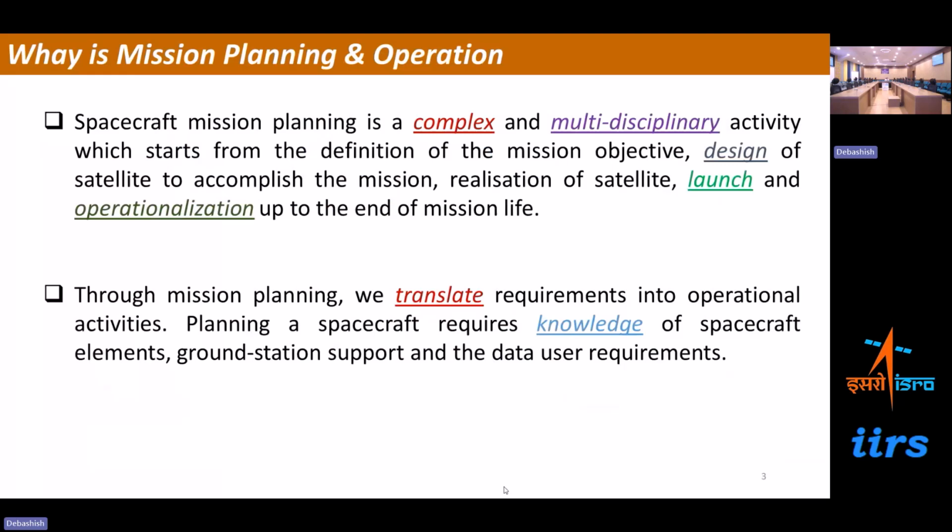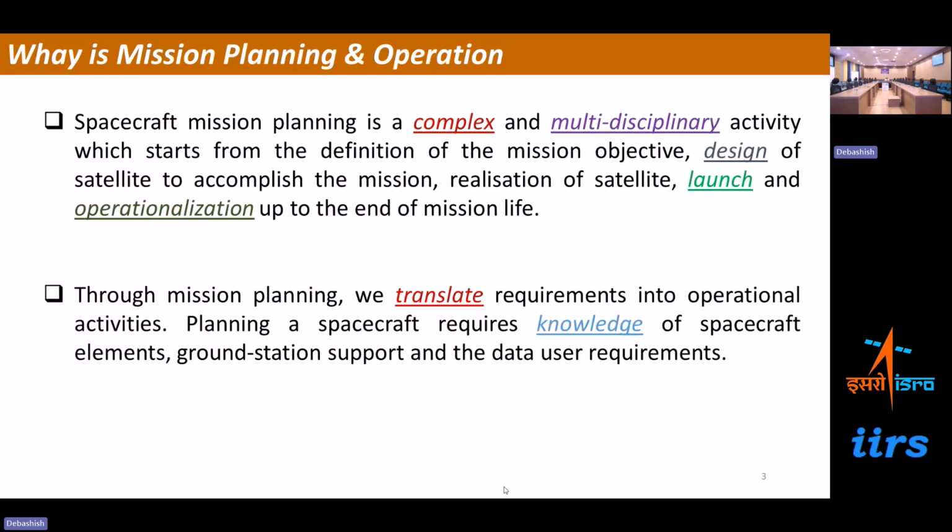When we do mission planning, we try to translate the science requirement or the mission requirement into operational activities, so that they can be followed over the entire span of the satellite life. Planning a spacecraft requires knowledge of the spacecraft. A spacecraft operation team should know all the satellite elements and how they operate, plus all the elements of the ground segment.